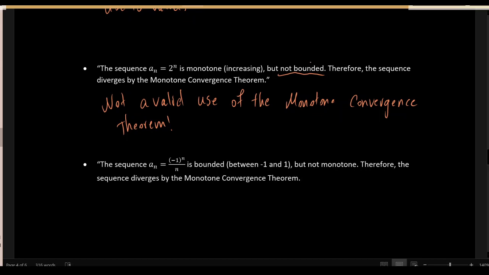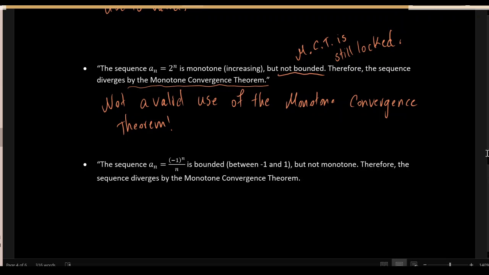So that means that the M.C.T. is still locked, which means that even referring to the monotone convergence theorem is inappropriate. If this student wanted to argue why the sequence diverges, they're going to have to come up with different reasoning, different rationale than what they have used here.